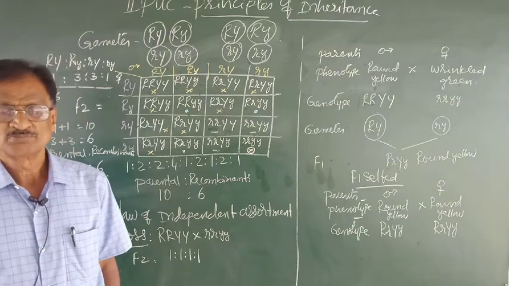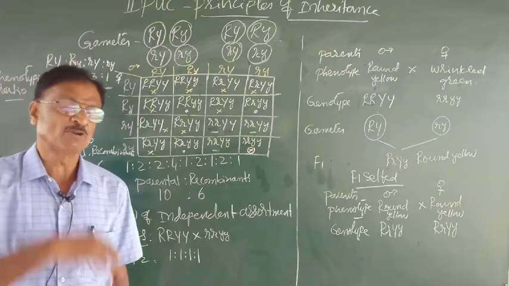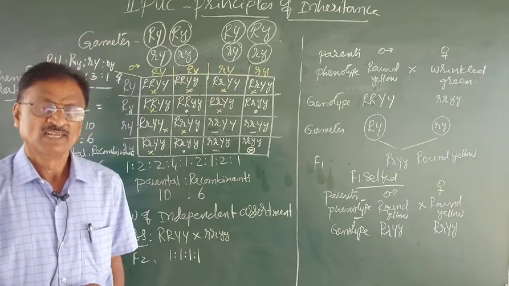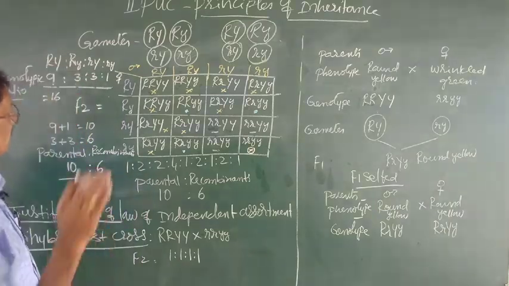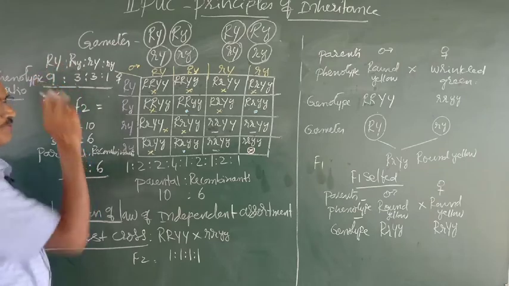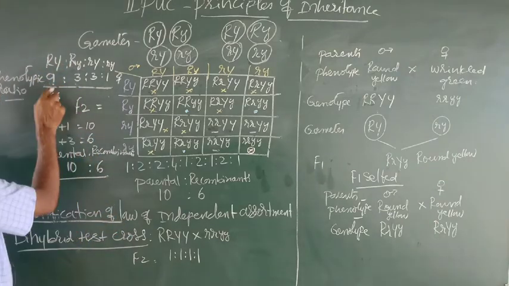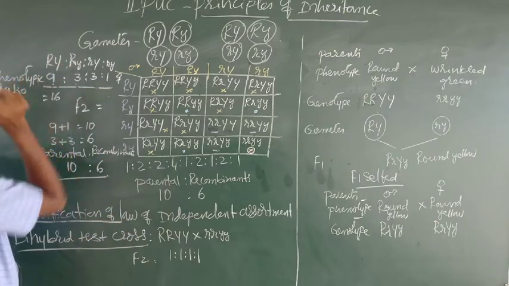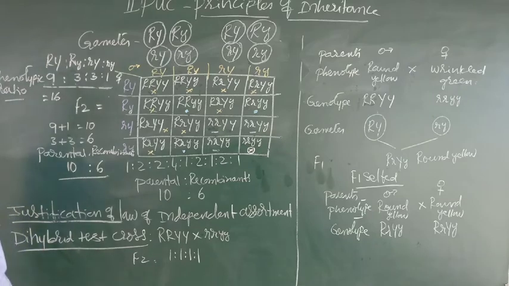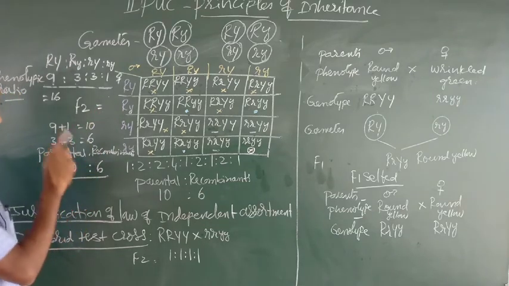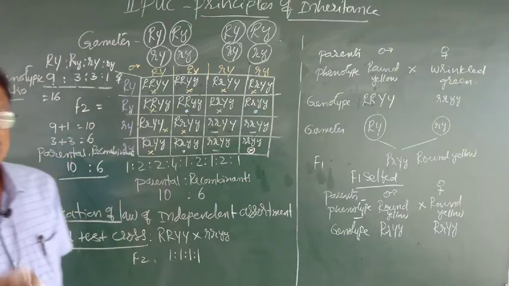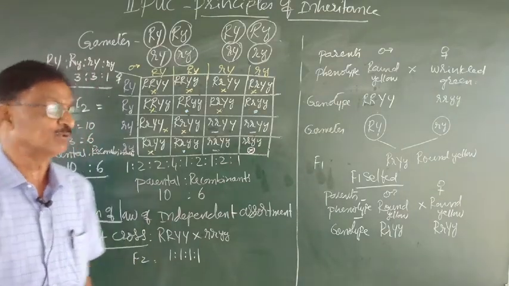No. The genotype is different, but phenotypically all are round yellow. And it is true for the recombinants too. Hence 9:3:3:1 is the phenotypic ratio, whereas 10:6 is the parental and recombinant ratio.